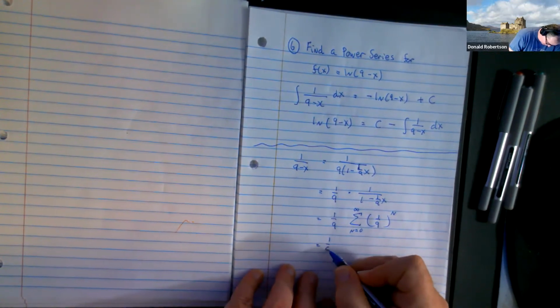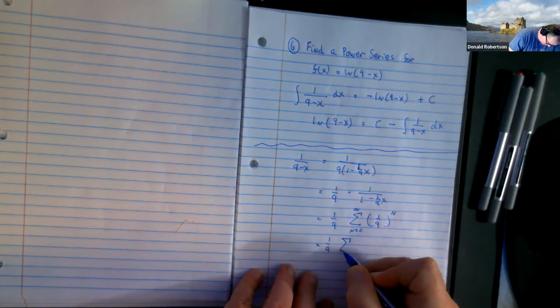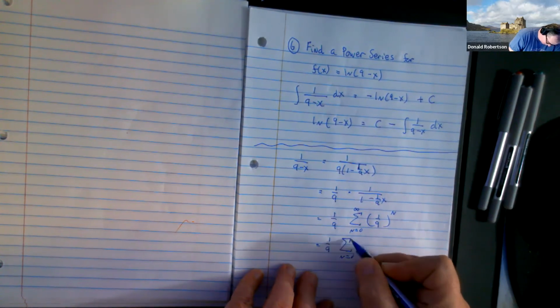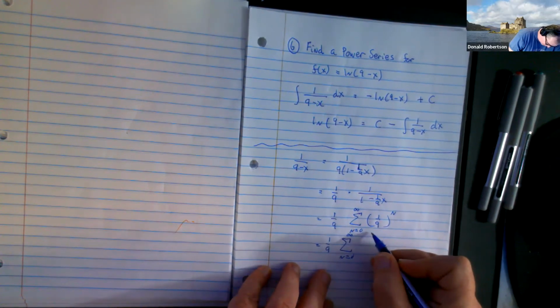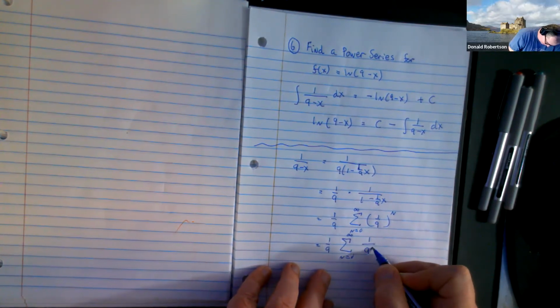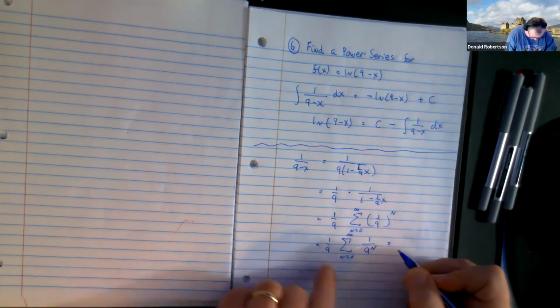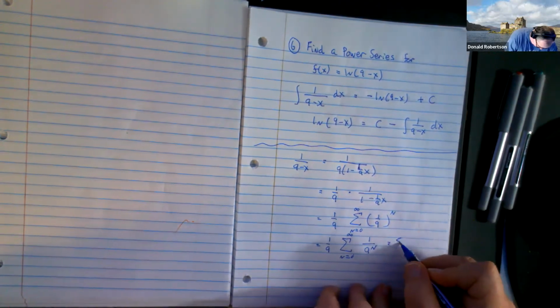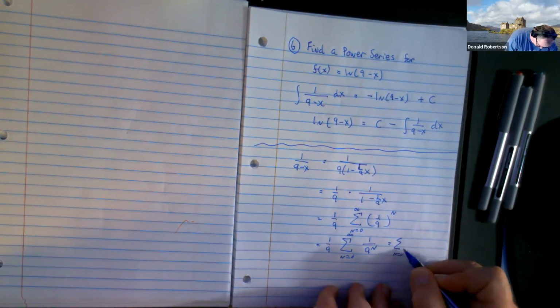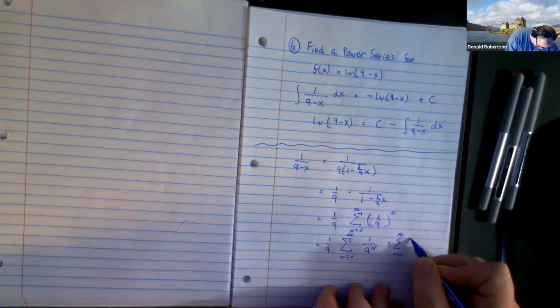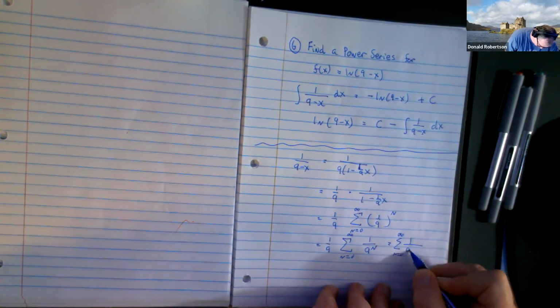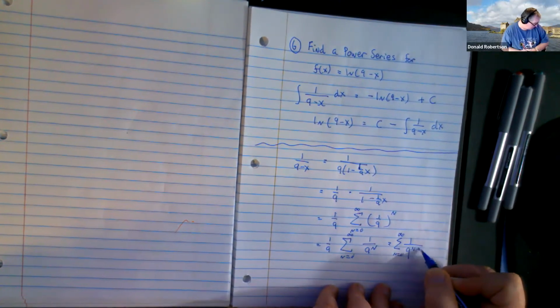So I now have n equals 0 to infinity, 1 to the n on top, which is just 1, 9 to the n on the bottom. And if I feed this one in, what I'm essentially going to do is just add another 9 to the bottom power. And so I now have that guy.